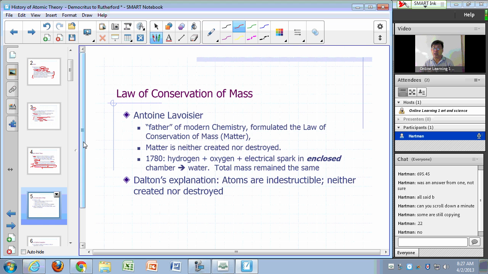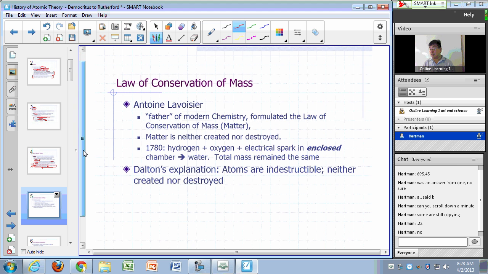What are some of the experiments that Dalton based his theory on? One series of experiments was done by Antoine Lavoisier, who's known as the father of modern chemistry. He formulated what's known as the law of conservation of mass.